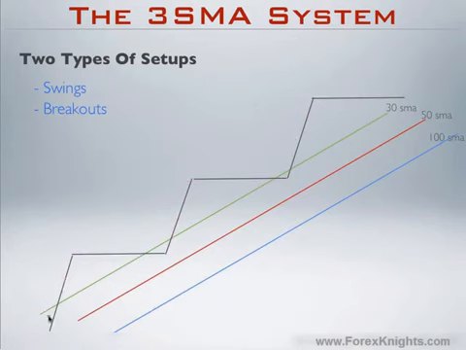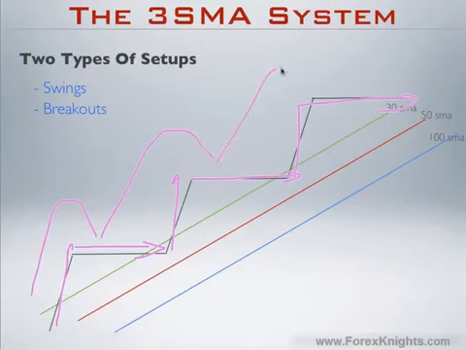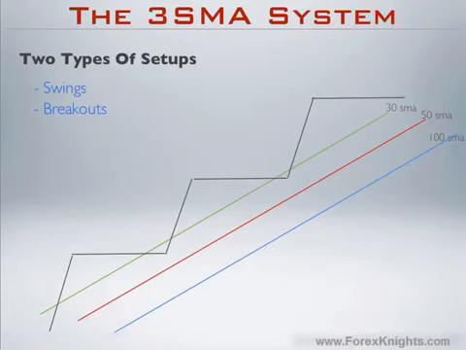Instead of getting swings and pullbacks, what we get is a rather vertical thrust, then again sideways price action, thrust, sideways price action. Do you see why this resembles a staircase formation? That's why I call this type of pattern that.